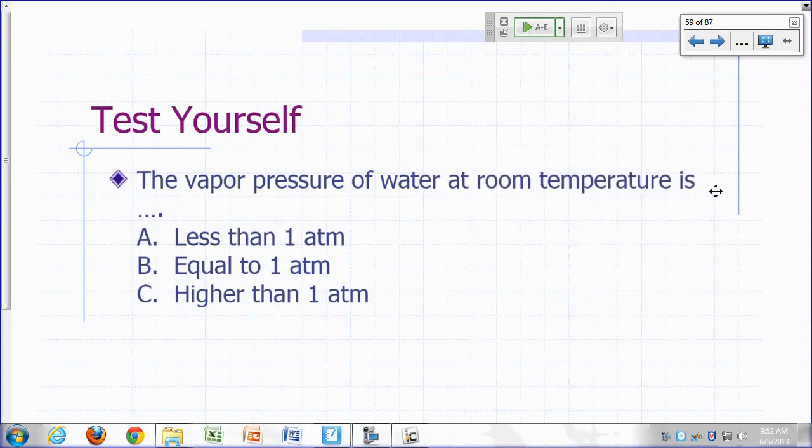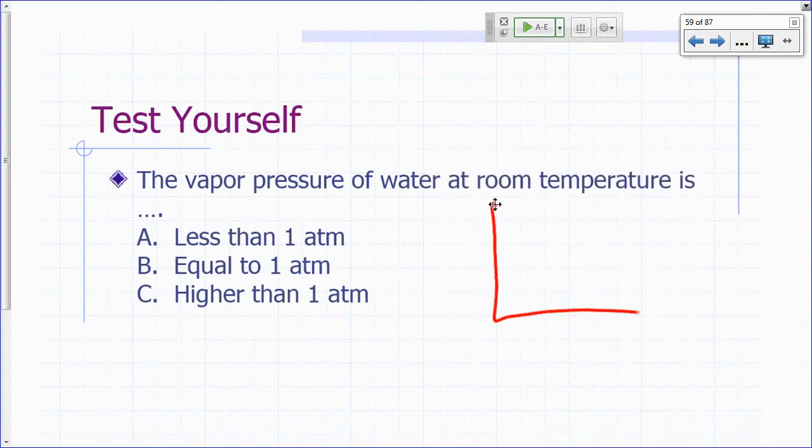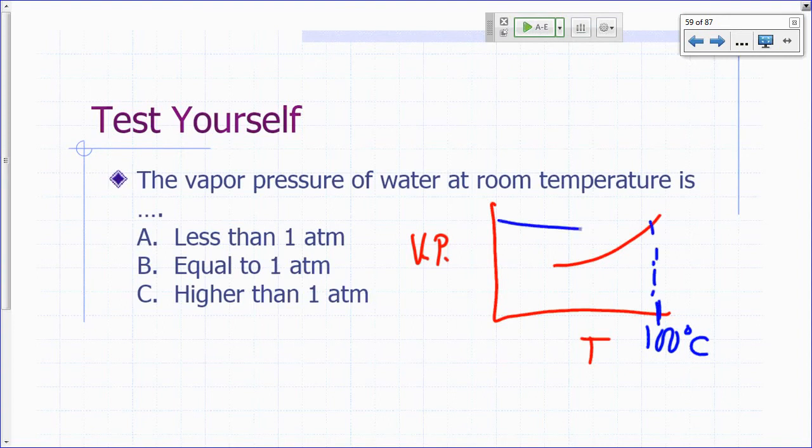In fact, if you were to plot vapor pressure versus temperature, you get something like this, okay? So when the temperature reaches 100 degrees Celsius in the case of water, your vapor pressure reaches 1 atmosphere.